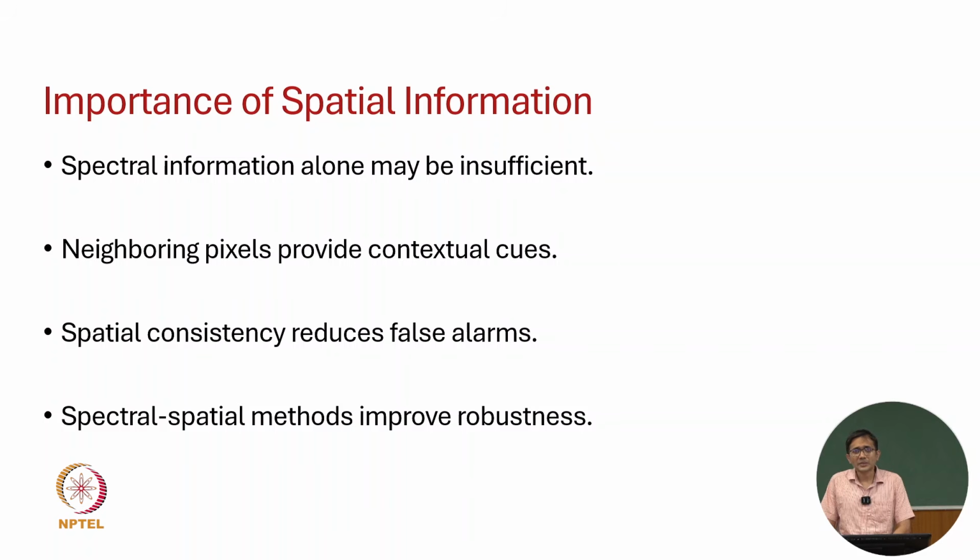Thus, what we see is that the methods that incorporate both spectral as well as spatial context improve robustness over the methods which are only looking at the spectral information.